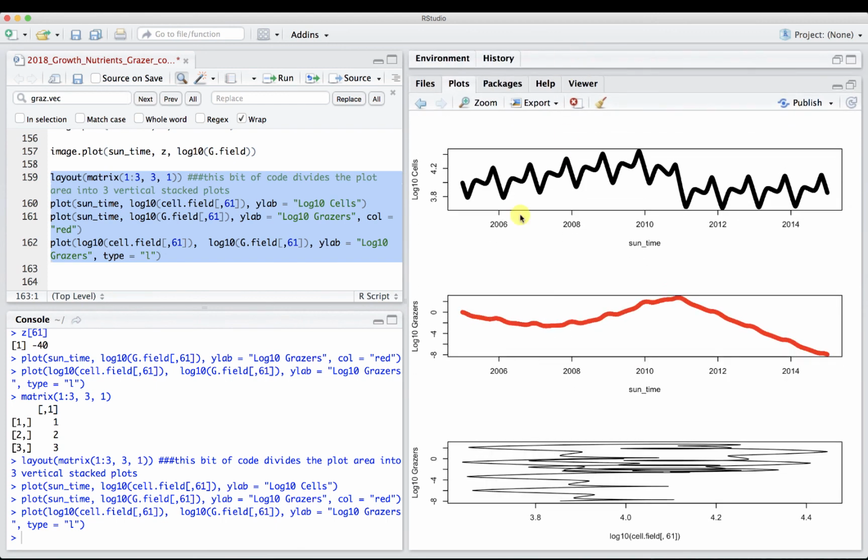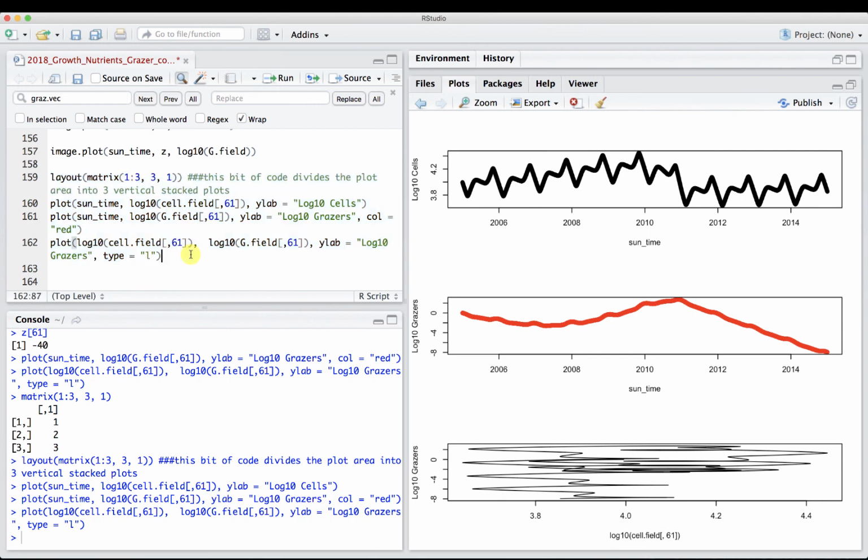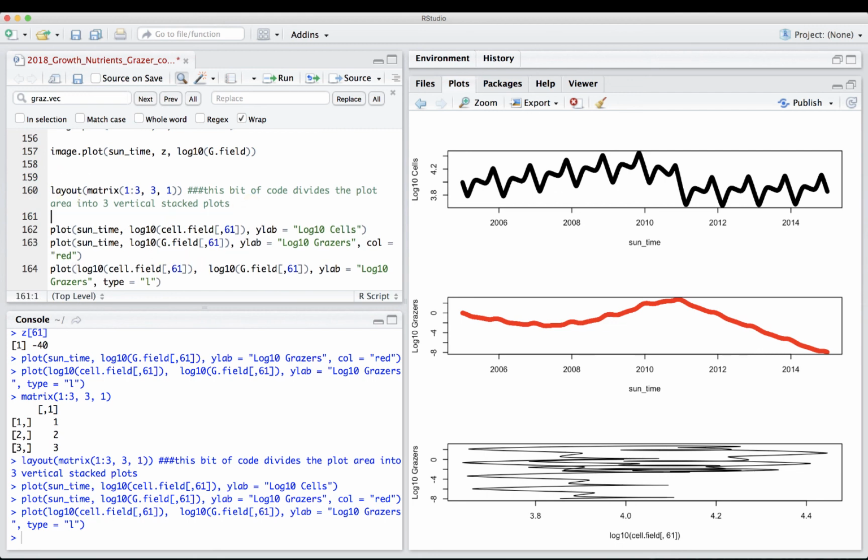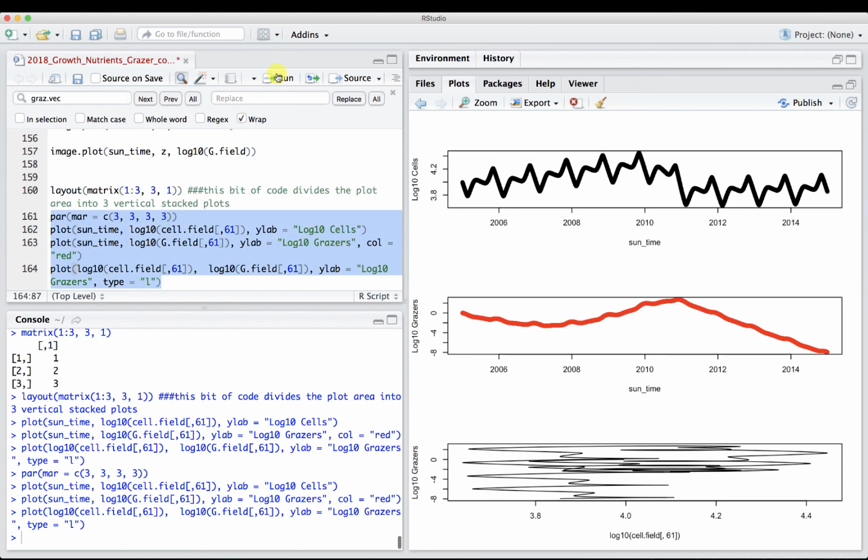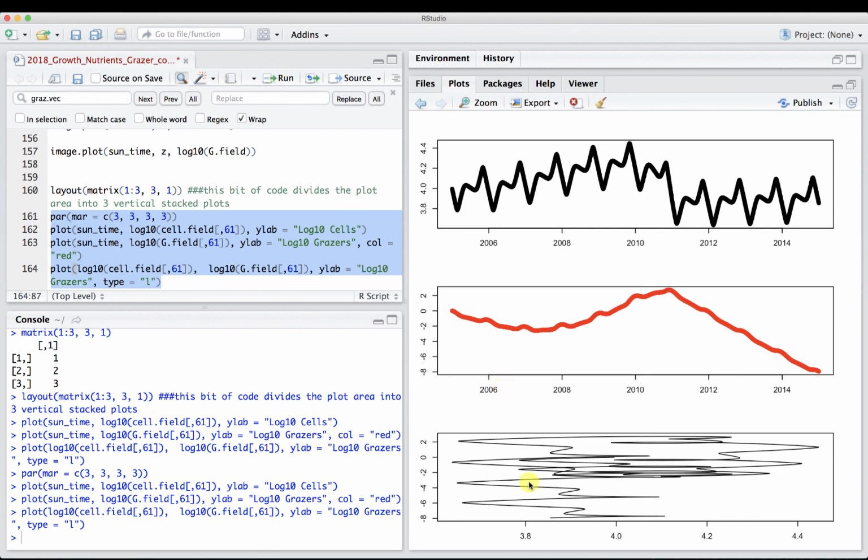In fact, we can mess with some of these X and Y's here a little bit. Let's see, what can we do? I'm going to set the plotting margins. 3, 3, 3, 3. Yeah, get a little more in there.